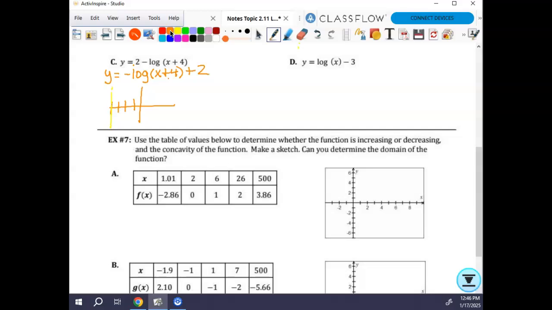And this is just a quick sketch, so it doesn't even have to be perfect. But I'm going to show you what would actually happen to it. So basically, it's not going to go through right here because we're going up 2. It would go through this point right there, and it would look something like that. But again, we don't have to be perfect about it. I just want to at least throw it out there. That's enough to tell me that my vertical asymptote is at x equals -4.